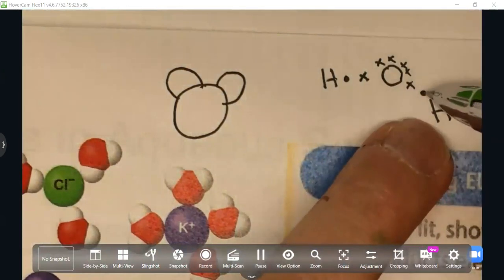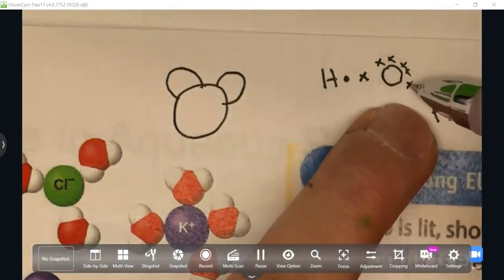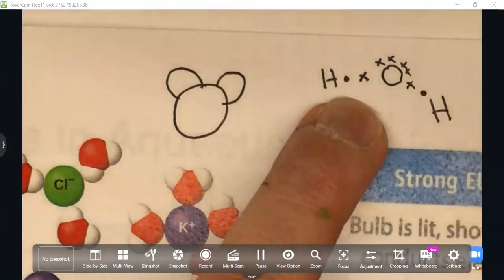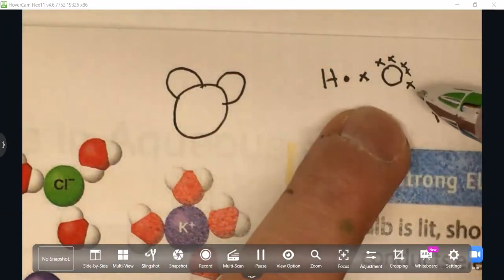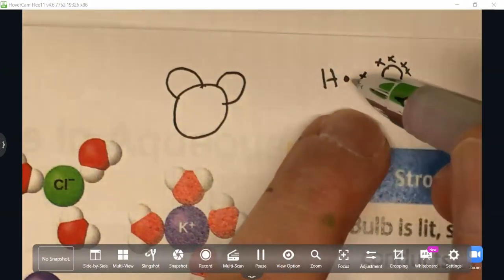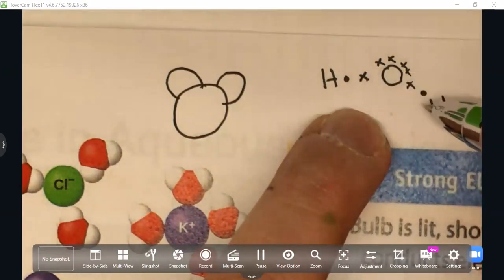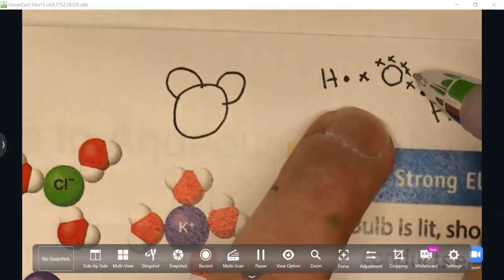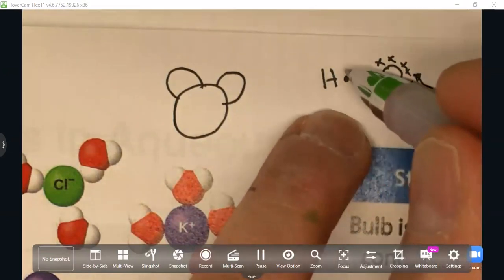We know it takes a hydrogen electron and an oxygen electron to make this bond. But it turns out that they do not share those electrons equally. Oxygen pulls the electrons, those bonding electrons, towards itself.